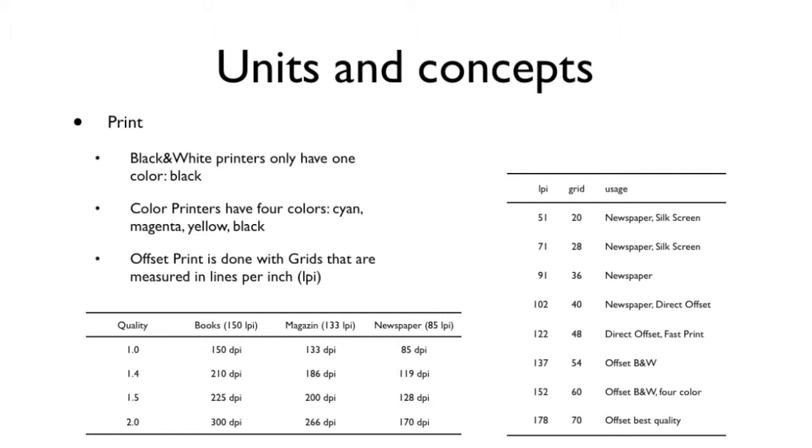No, it's more complicated, because lines per inch, as far as I could tell, in offset printing, they have holes. And the question is how many holes you have in the line.